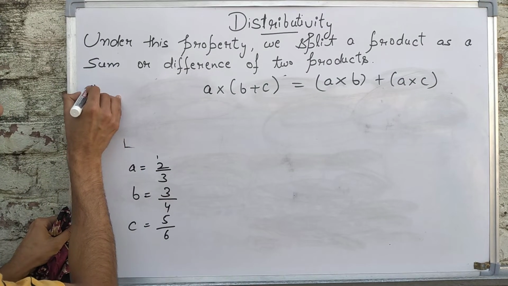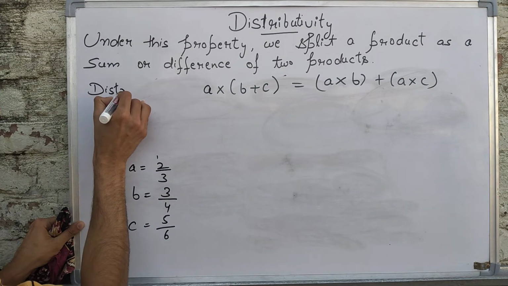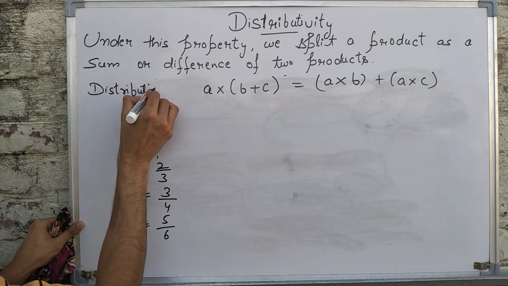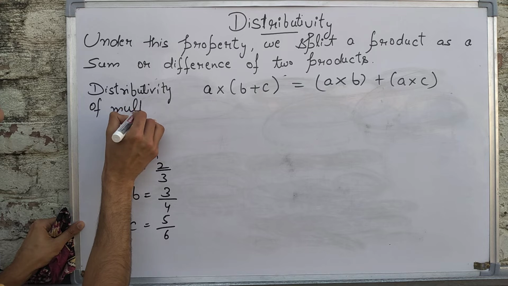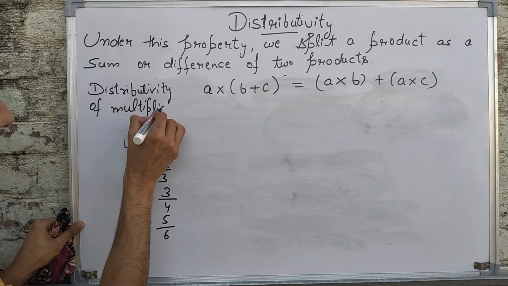This is something we call distributivity of multiplication over addition.